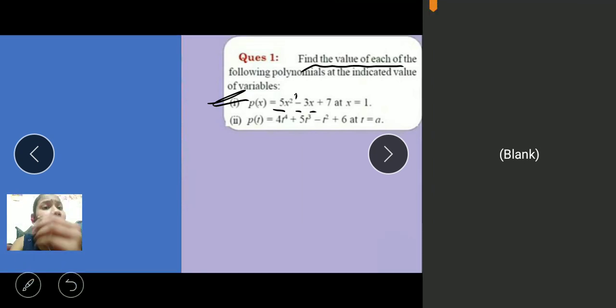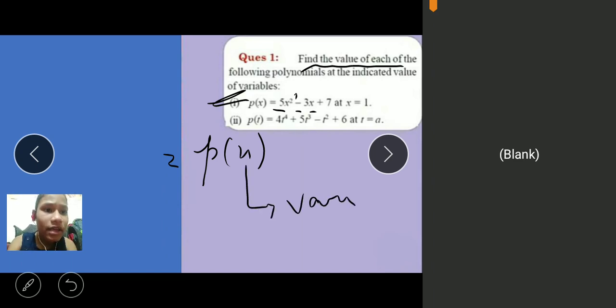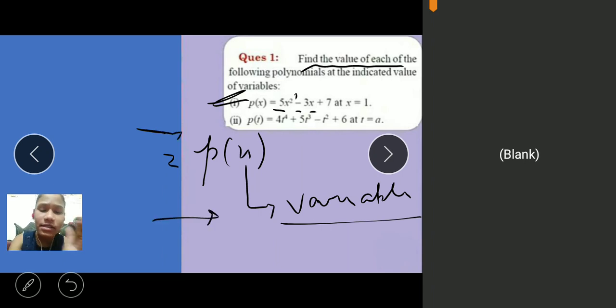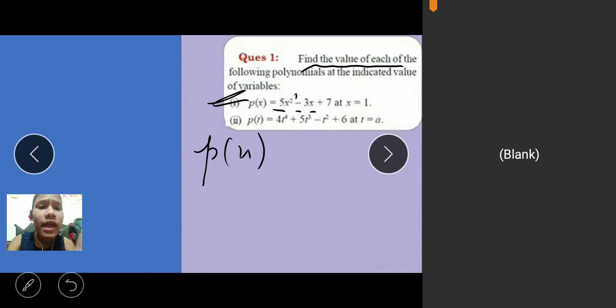As we know, we represent a polynomial as p(x), and x is somewhat of a variable. I hope this much is clear to you.